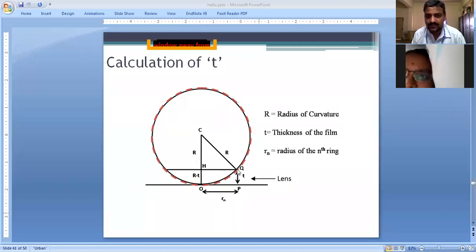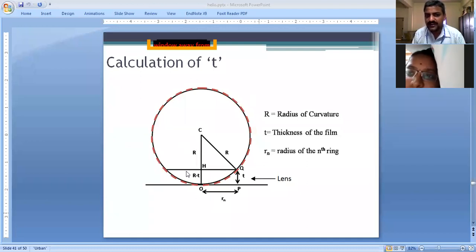So the 2 points from where the light rays, earlier I had shown them as B and C, those 2 points are generating 2 light rays, and there the path difference is just 2 mu T cos r, where T is the thickness. As I said, T is very difficult to measure. I'll be introducing a parameter called Rn, right? This Rn is the radius of the ring. Of course, I am going to prove that there will be rings also. Okay, fine.